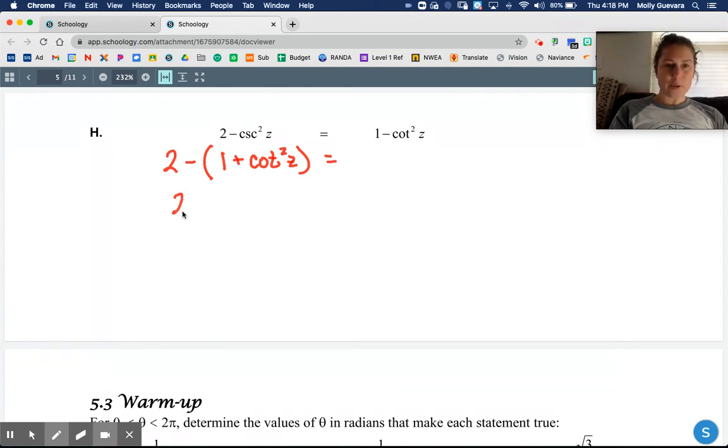So I distribute, I have 2 minus 1 minus cotangent squared. 2 minus 1 is 1, and I'm right there.